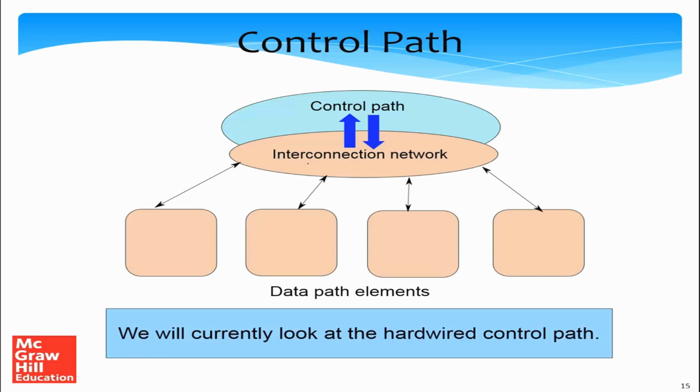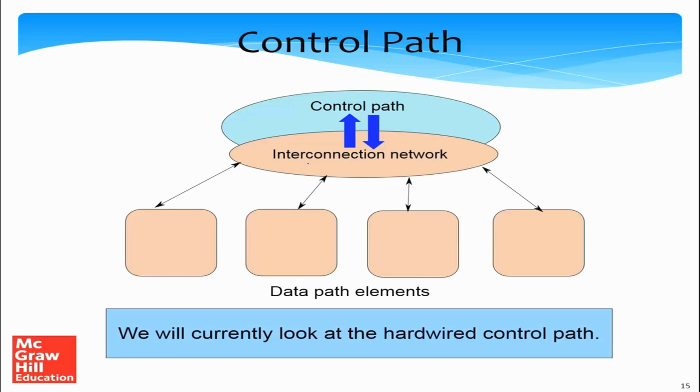So currently we are looking at what's called a hardwired control path, in the sense that the control path is fixed. It is made in silicon and it cannot be changed, so that staticness to the control path is there. But when we look at a microprogrammed processor, we'll see that aspects of the control path will be exported to the programmer.